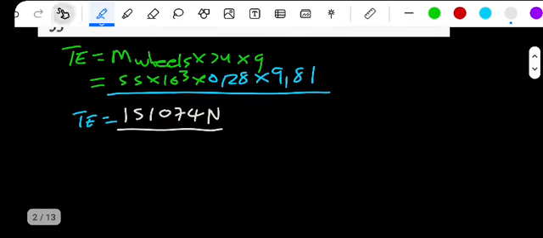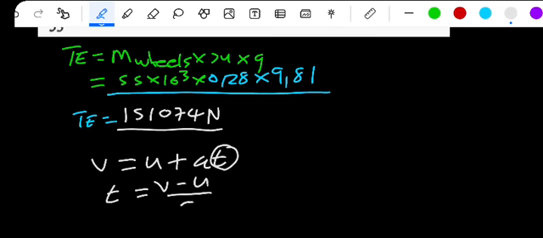If we are given two velocities, and not the distance, you can use the formula velocity equals initial velocity plus acceleration times time. We want the time, making time equal to v minus u divided by acceleration. So we're supposed to have this acceleration.